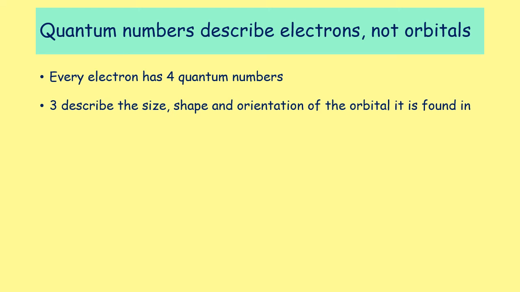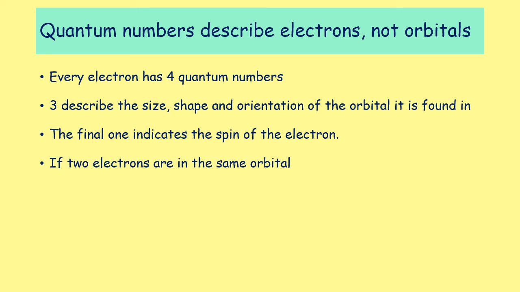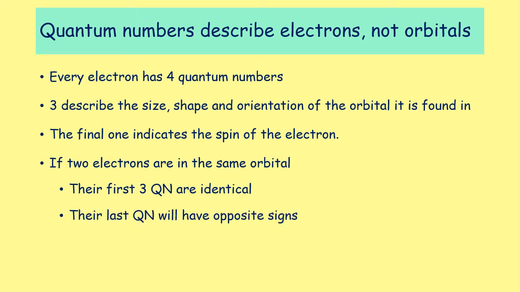And for d orbitals, we're going to have 5 different numbers because there's 5 types of d orbital. The final quantum number, the spin quantum number, indicates the spin of the electron. And if 2 electrons are in the same orbital, their first 3 quantum numbers are identical, but their last quantum number, which is always a half, will have opposite signs.